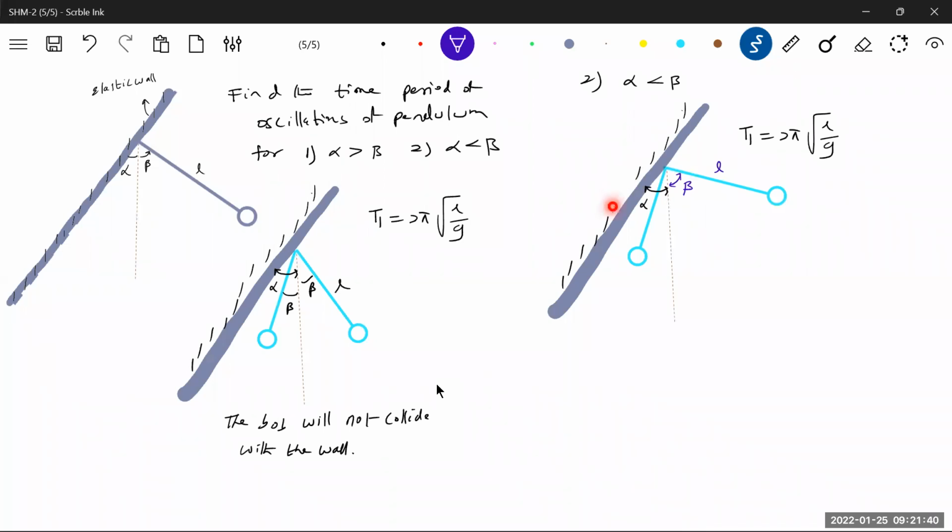So we are not understanding that beta. Can you show us beta? So here the bob, of course the bob will not go there, but if there were no wall, it could have gone till here. This is the meaning of that beta. So the wall will not permit the bob to go to the other side.